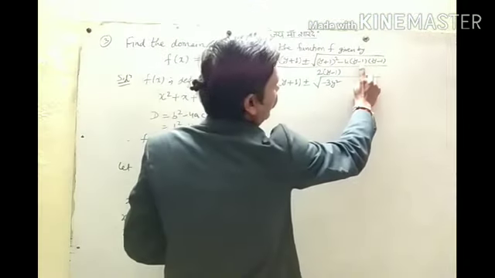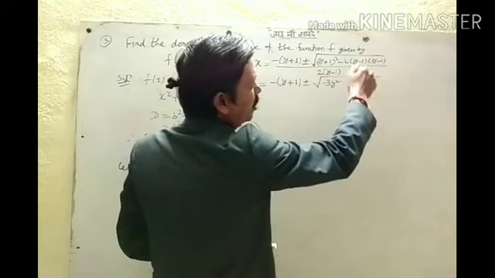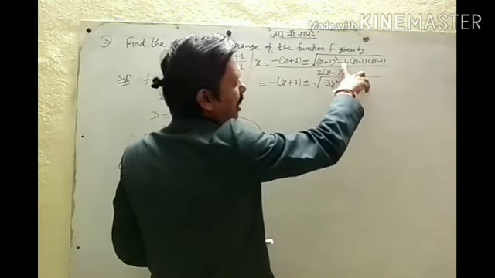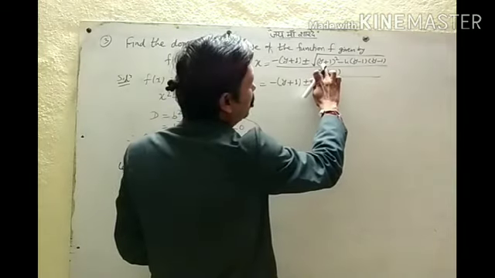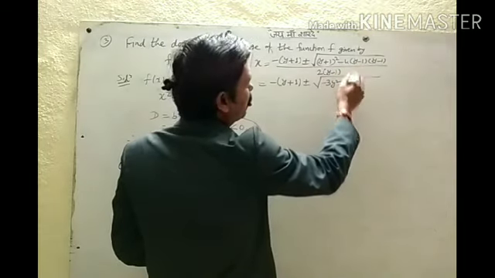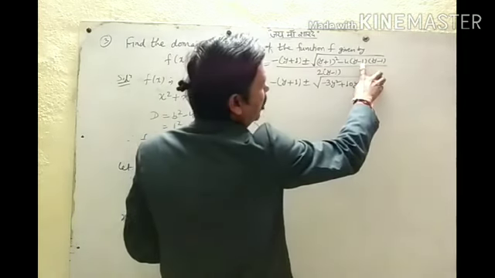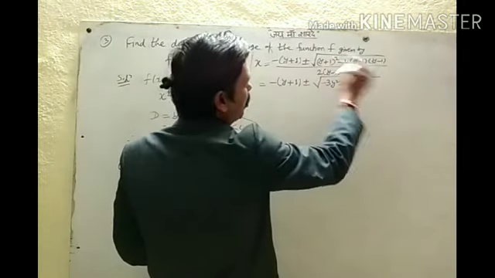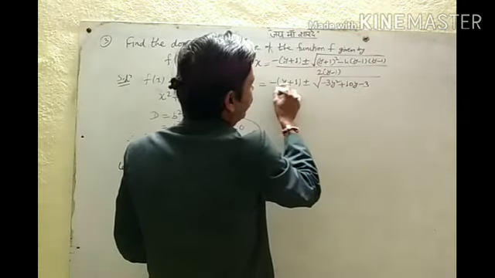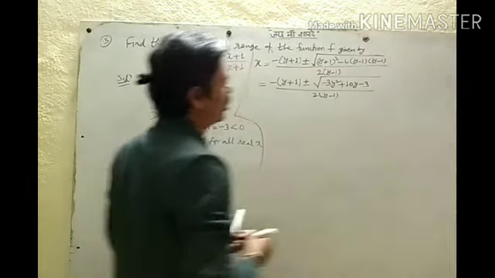Then it is y minus 1 whole square, so we get y square minus 2y, is minus 4 will give minus plus 8y, and from here we get 2y, so 8y plus 2y is 10y. Then we get 1 here, 1 into minus 4, and here plus 1, minus 4 plus 1 minus 3, upon 2 into y minus 1.